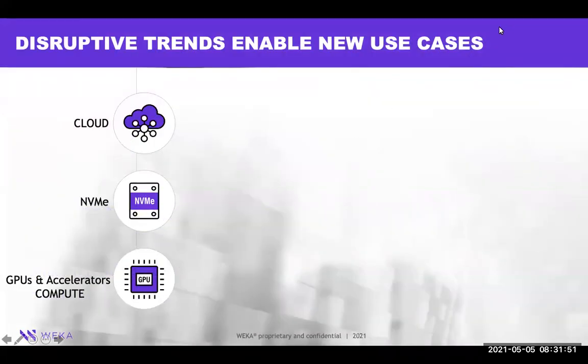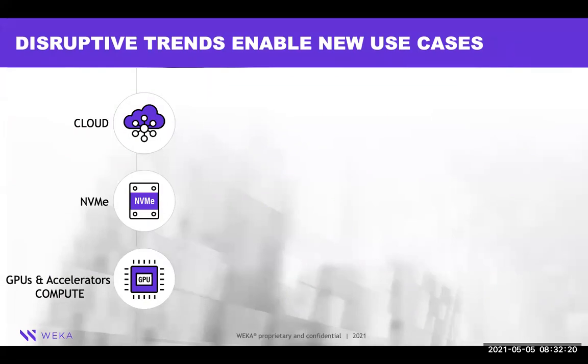So, presenting the topic. We all know that there have been many disruptive trends in technology: cloud environments, NVMe, SSD, flash technology, and GPUs proliferating into the enterprises, as well as additional accelerators that are now being used or starting to be used in multiple environments.